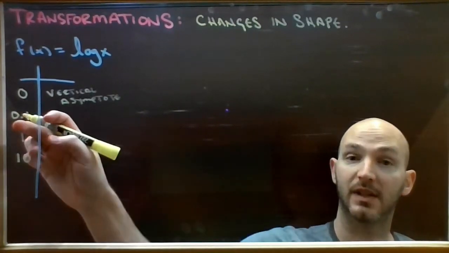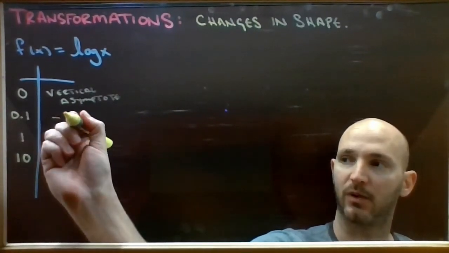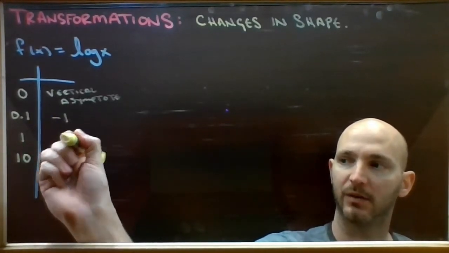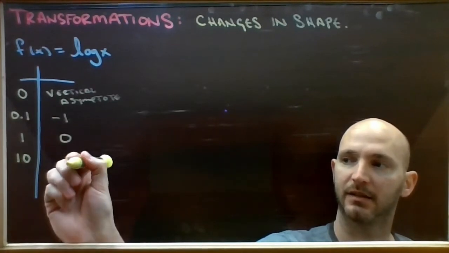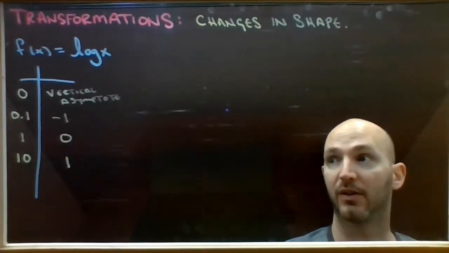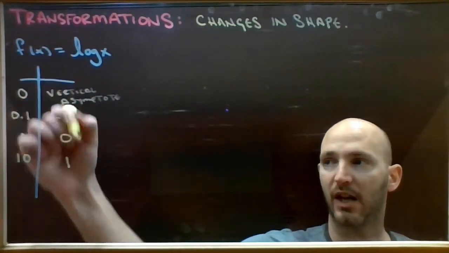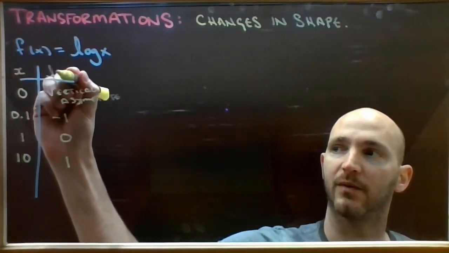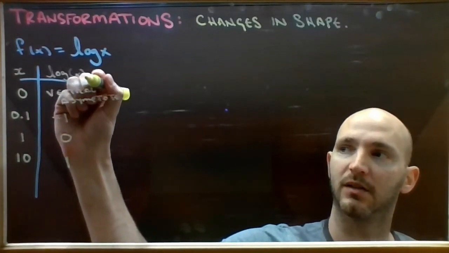So the log of 0.1 is -1, and the log of 1 is 0, and the log of 10 is 1. You can check those with your calculator. So what I've got in these charts here then are some x values, and then I have the log of those x values.